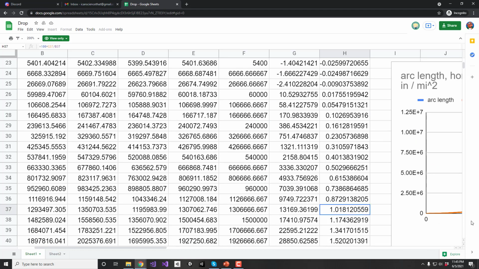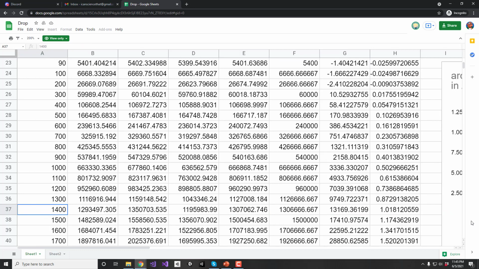The first time the number reaches a 1% error is at a distance of 1,400 miles. So this 8 inches per mile squared approximation is good to within 1% accuracy out to 1,300 miles and beyond. So that may sound a bit shocking, but there you go.